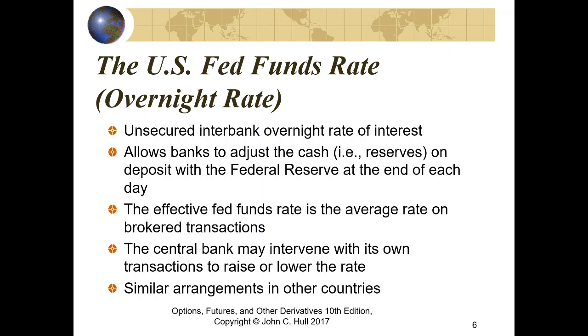This rate is used to cover the deficit in the bank's account at the Federal Reserve or the central bank. From the economics of money and banking, you know that banks must maintain a deposit with the central bank. This is used as a safety net in case there is a liquidity crisis.